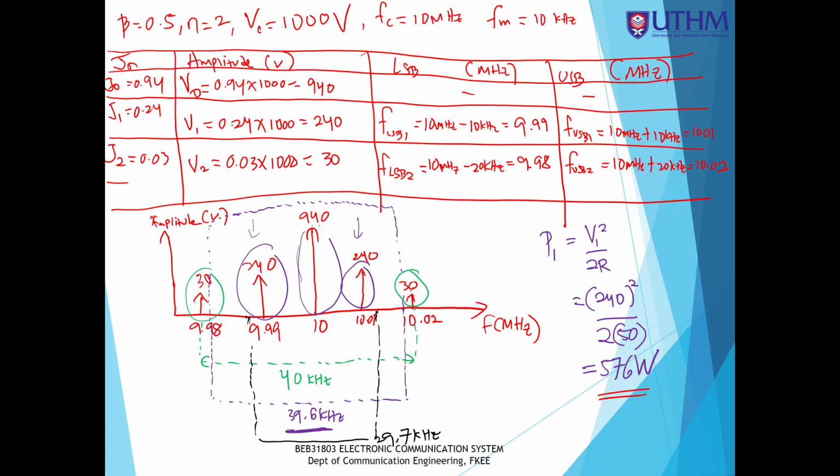A few semesters ago, we asked this kind of question in the final exam, where we mentioned another bandpass filter which will select a certain amount of bandwidth, and then calculate the new total power.